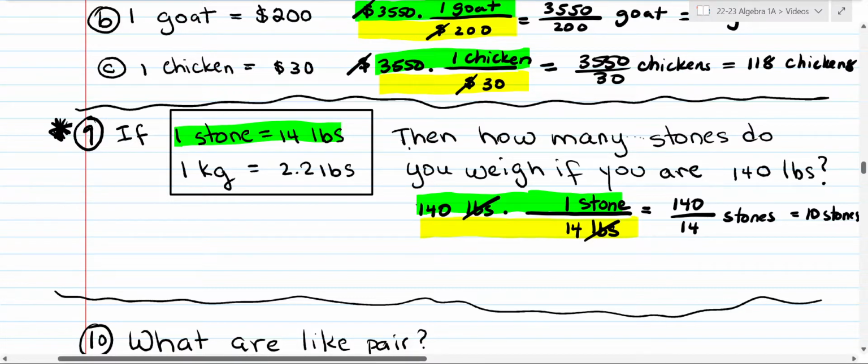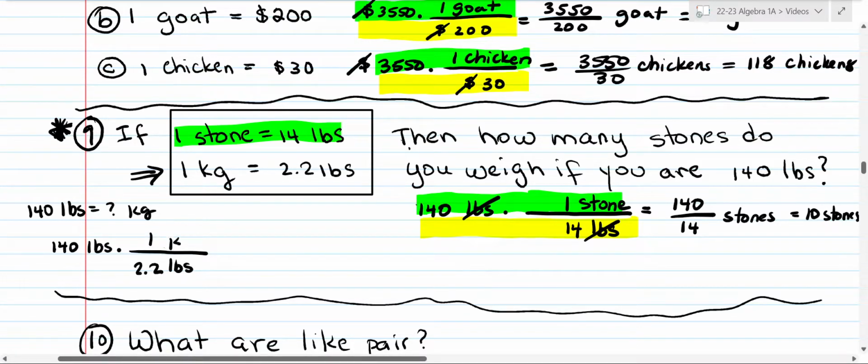I could have asked you how many kilograms do you weigh if you're 140 pounds, right? So 140 pounds equals how many kilograms? So you start with 140 pounds, right? And you want to go from pounds to kilograms, so that means we have to use this one. Same deal, you have pounds. To get rid of pounds, pounds has to go on the bottom. So that's why 2.2 pounds, 1 kilogram.